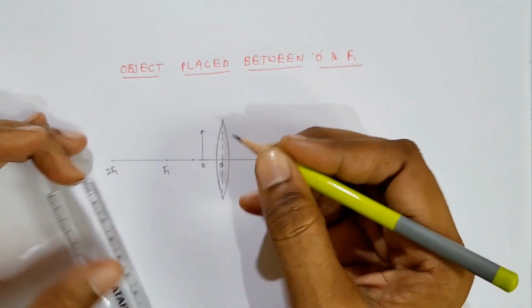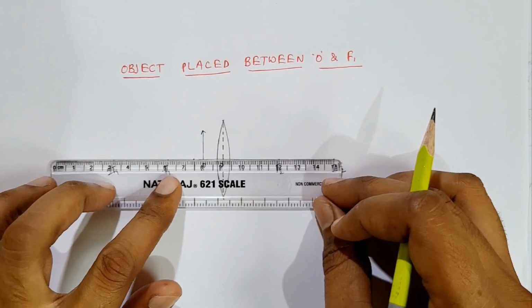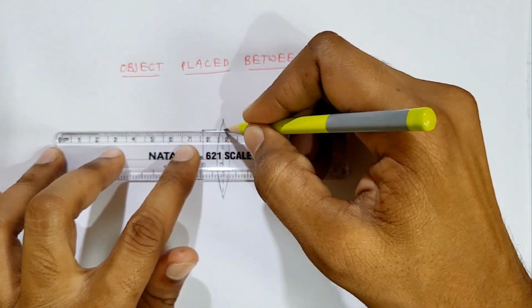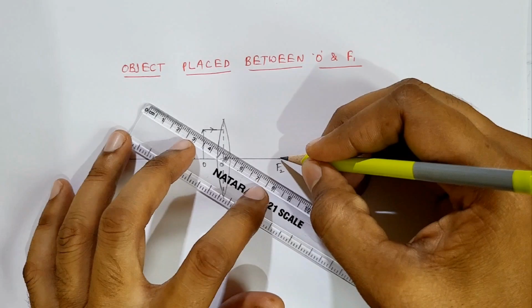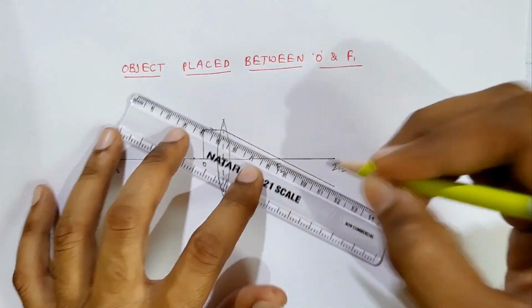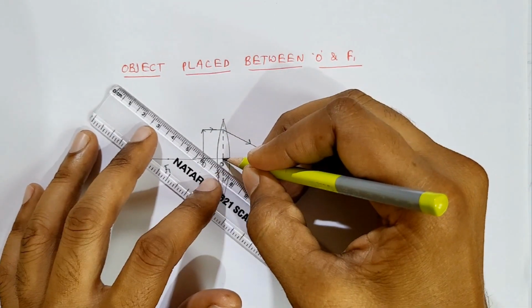This is the object. Now to form image we need two light rays. One light ray passing parallel to principal axis like this, and after refraction how it should pass? It should pass through the focus like this. One more light ray we shall take through optical center.